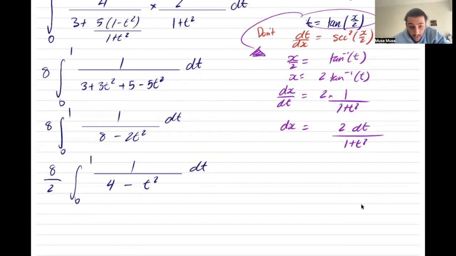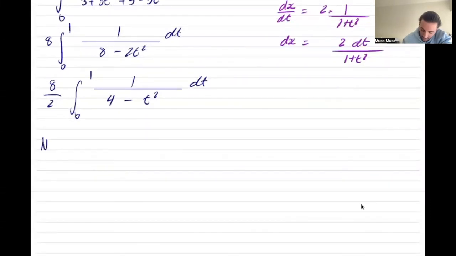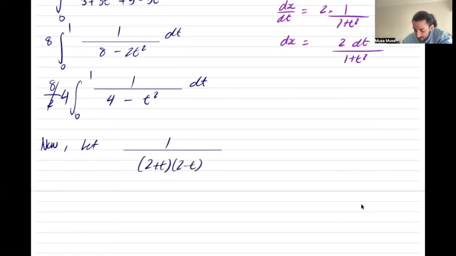Can we integrate this? Yeah, we can. We have to use partial fractions. That's just 4. Now, let 1 over 4 minus t squared, which is 2 plus t times 2 minus t, equal a over 2 plus t plus b over 2 minus t.